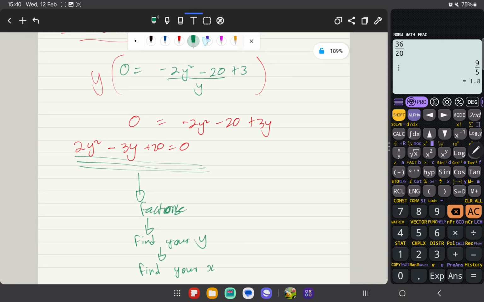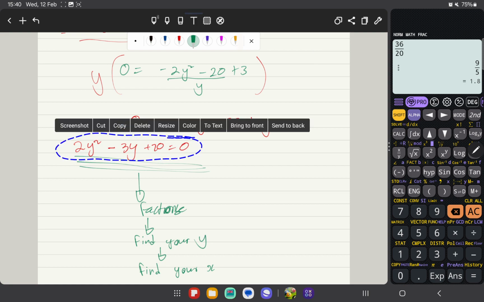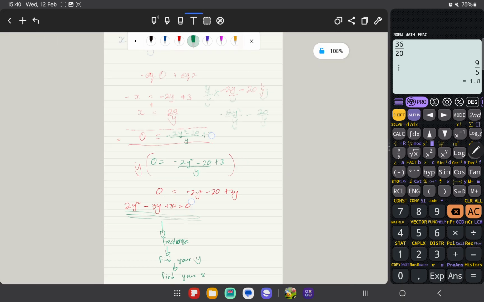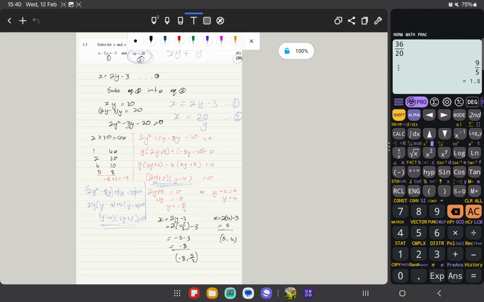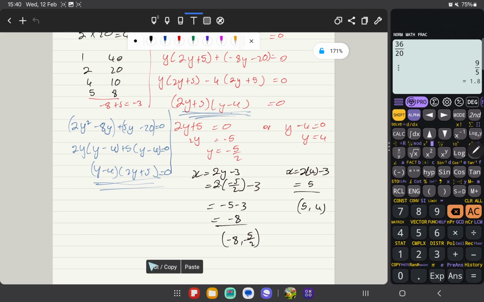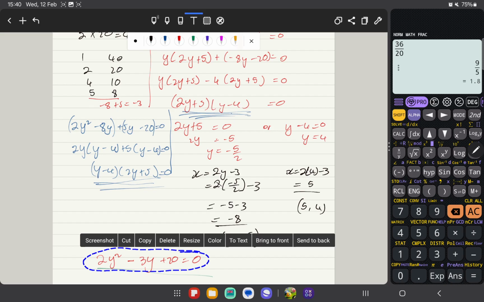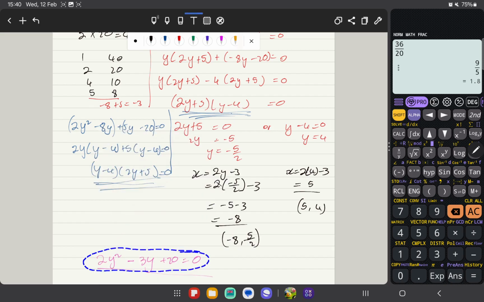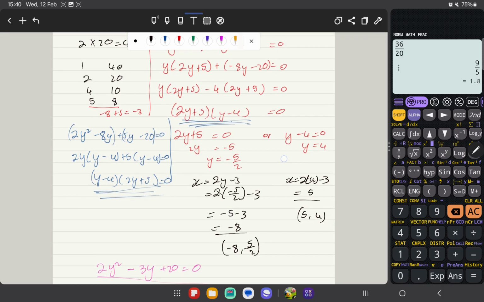So what I'm gonna do, I'm gonna copy this equation, which you all saw how we got. Come back here, and then maybe let me paste it somewhere here. Paste it, and perhaps I can color it with a different color so that it stands out. So look at this equation.